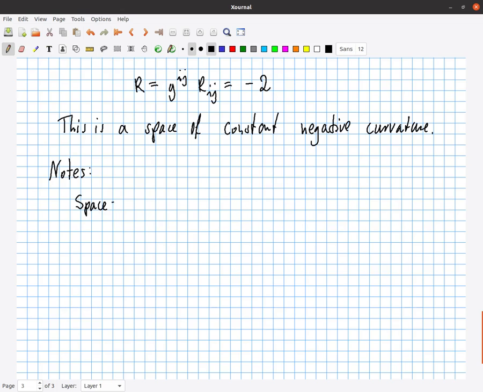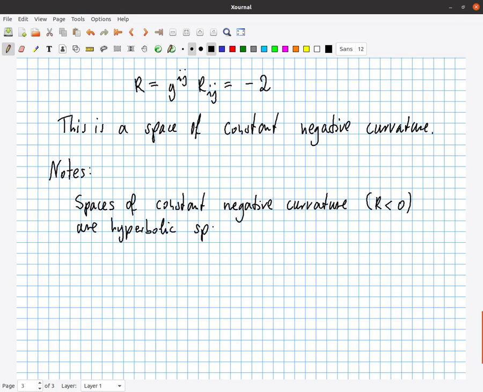Spaces of constant negative curvature, Ricci scalar less than 0, are called hyperbolic spaces. If you want to visualize them, you can think about saddles.